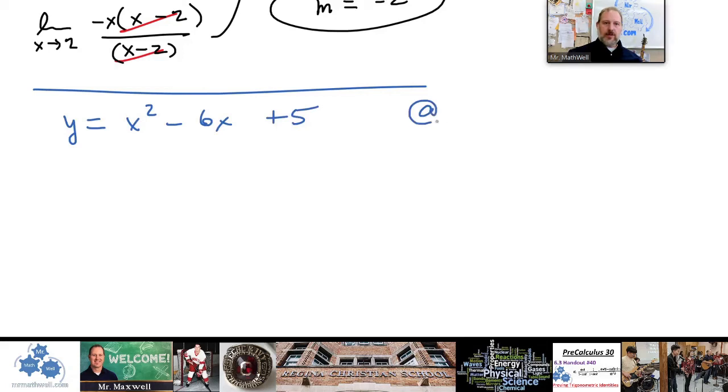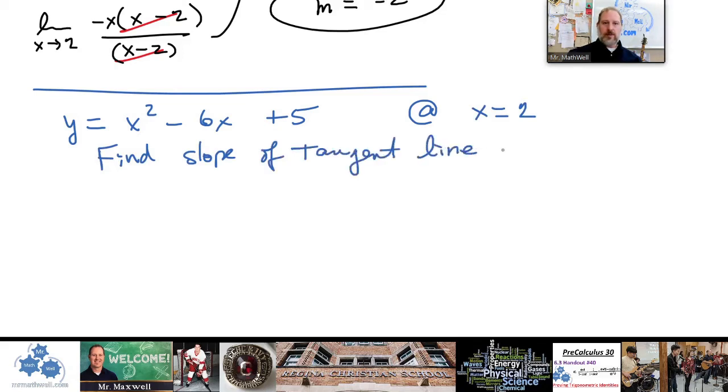And let's find the slope of the tangent line at x equals 2. So find the slope of the tangent line. Go ahead and take a few minutes and work through that formula again and see if you can do that on your own. And then I'll work through it with you in a few minutes.